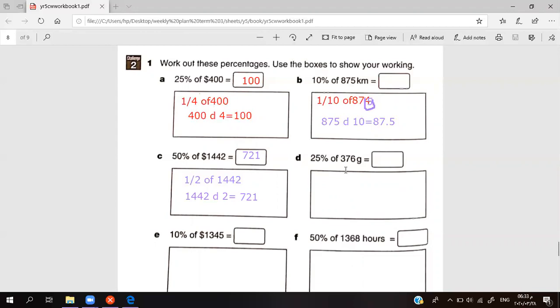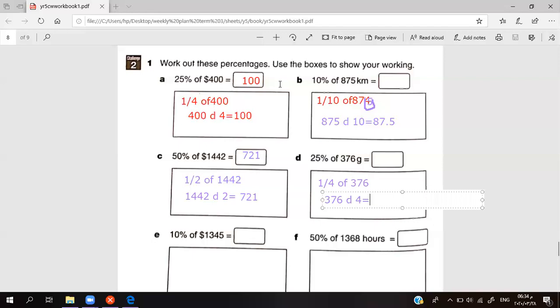Okay, now as we said, 25% as a fraction is 1 over 4 of 376, which means I will divide the 376 by 4. Let's do it. What times 4 gives me 3? Nothing. What times 4 gives me 37? Nothing. But I have a 36, right?